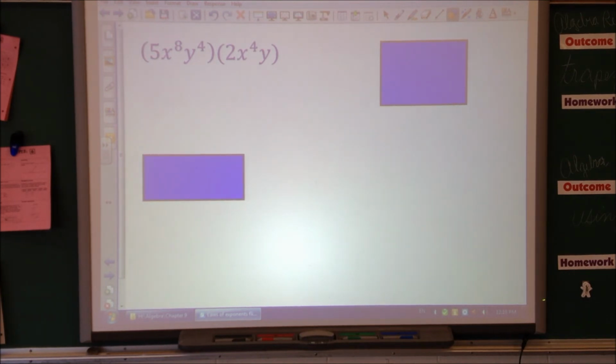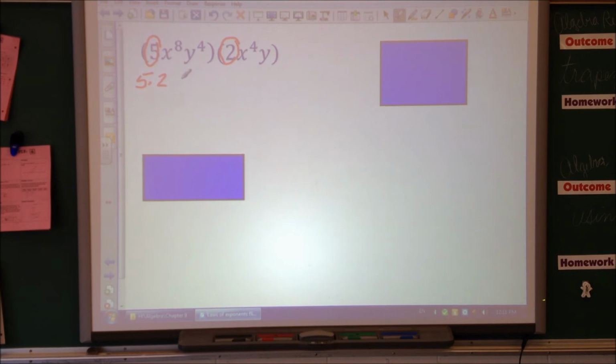All right, so for our first example, we are multiplying 5x to the 8, y to the 4th, by 2x to the 4th, y to the 4th. So the first thing I want to do is look at same bases. Well, this is a 5 and this is a 2. So the only thing I can do with the 5 and the 2 is multiply them, because that's what it tells me to do.